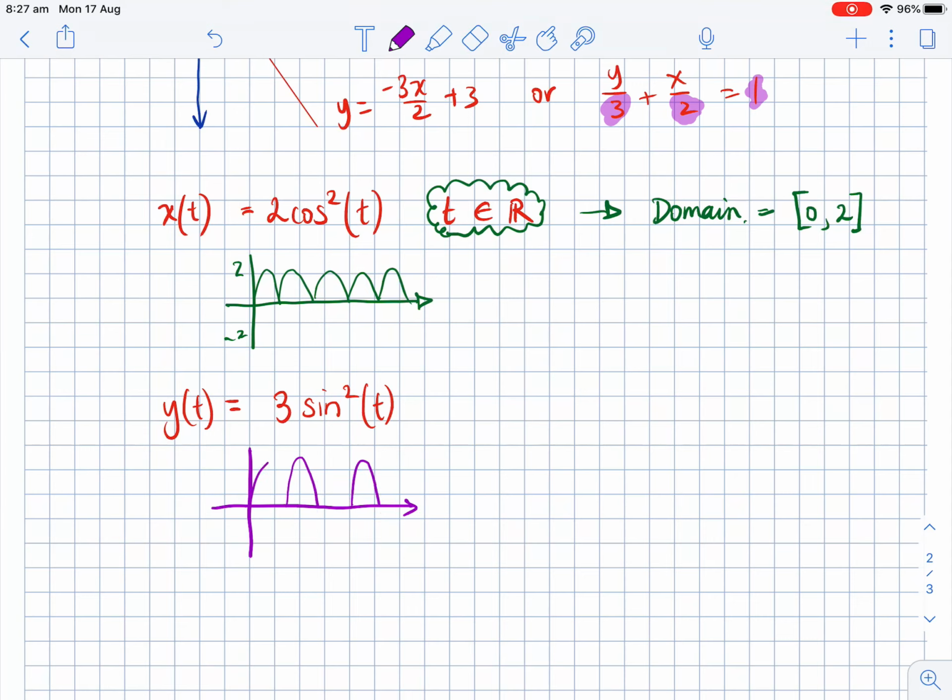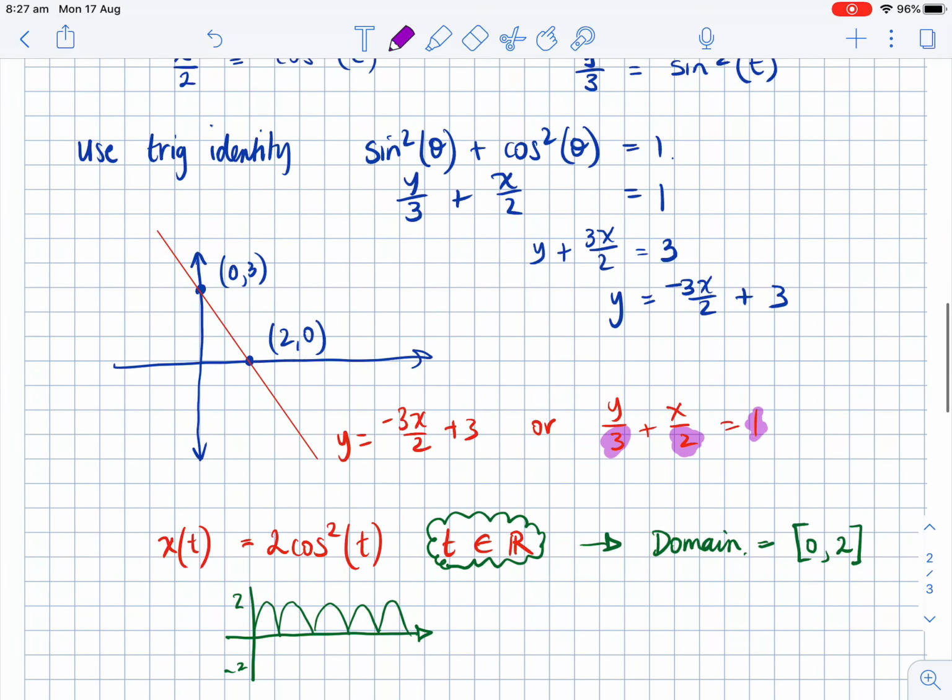And I end up with this sine graph. And so the range or the outcomes from this graph for all t ends up being from 0 up until 3. And the outcomes of this graph form the range of my Cartesian equation. So the range of my Cartesian equation is from 0 to 3.